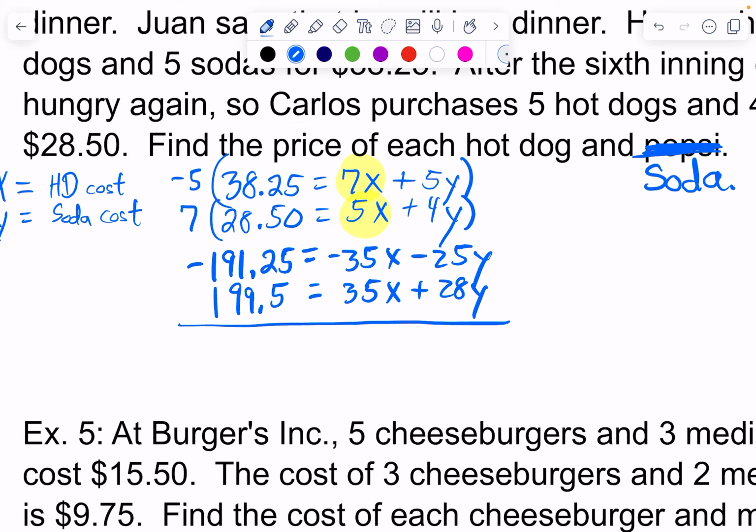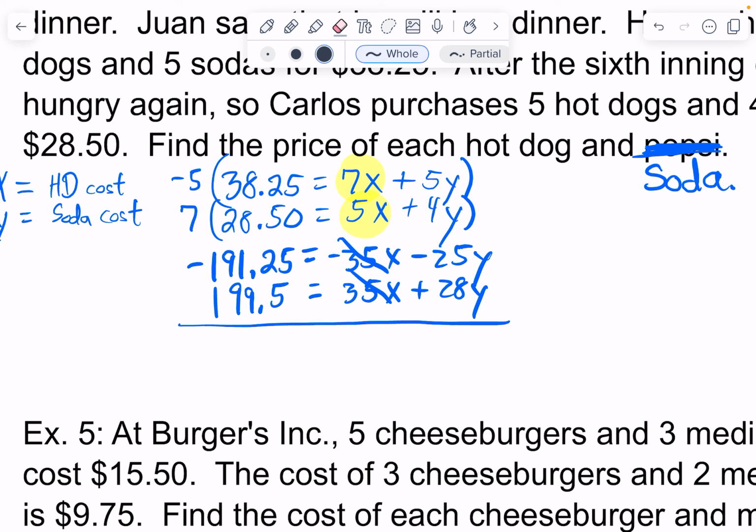And that's going to equal 35x plus 28y. Negative 191.25 plus the 199.5 equals 390.75, which equals, the x's cancel, 3y. When I divide that by 3, sorry about that, guys.